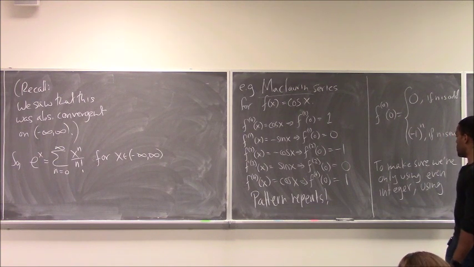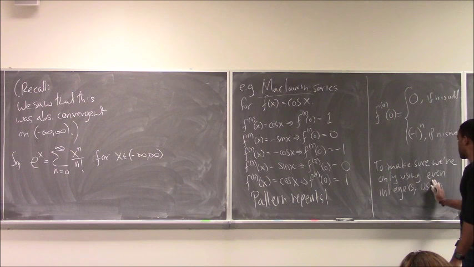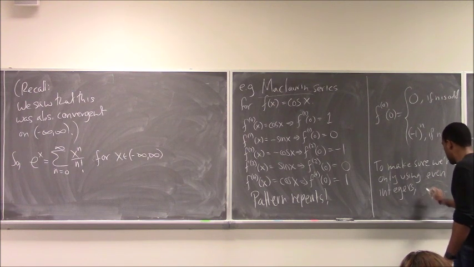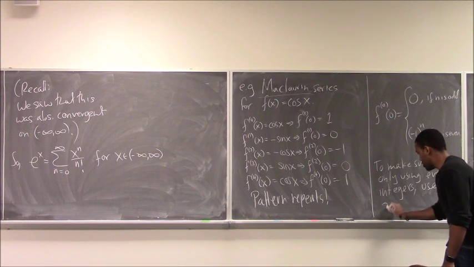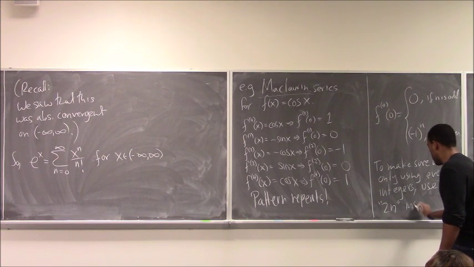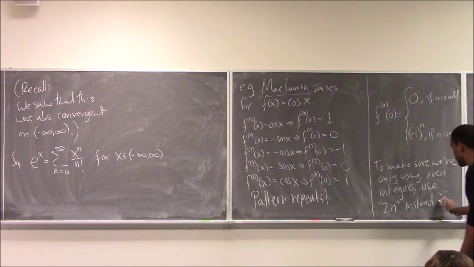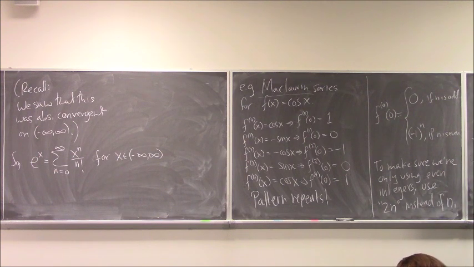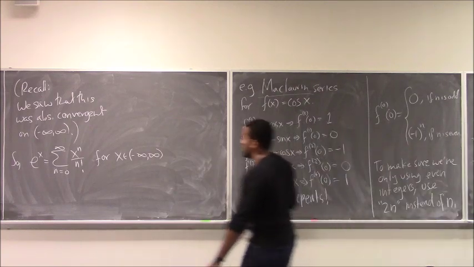We're only using even integers. Use 2n instead of n. So every time you give me an integer, I'm going to double it so that it forces the integer to be even, right? Because I'm just going to ignore all the odd ones anyway, because they just give me 0.